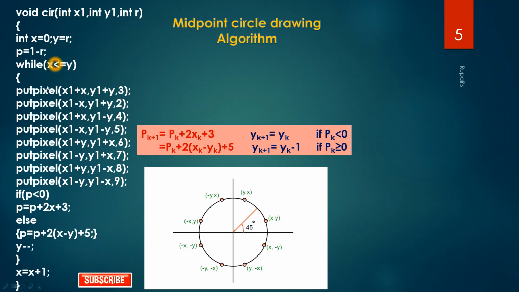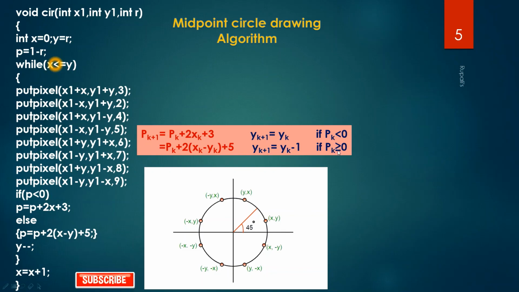Now here we continue this while loop for the first octant only, and if p is less than 0, then, as we already learned from our previous video, the next decision parameter equals the previous decision parameter plus 2xk plus 3. So p plus 2x plus 3.